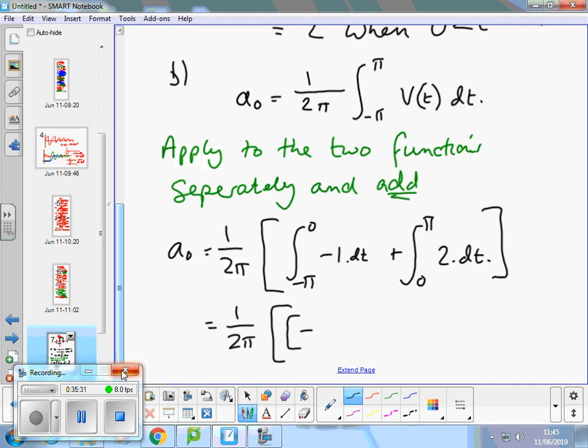Our variable of integration is t though, so it'll be minus t between minus pi and 0 for that one, plus, brackets, 2t between 0 and pi. Close the big brackets.